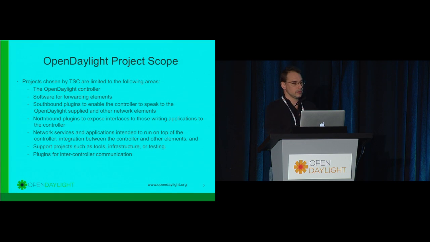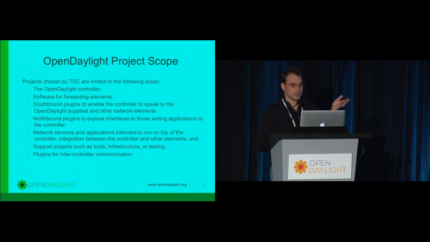So obviously we have the OpenDaylight controller, and that was the first and main project that's underway. And then there's software for forwarding elements. So things like OVS, for example, are things that we work on or interact with other organizations.